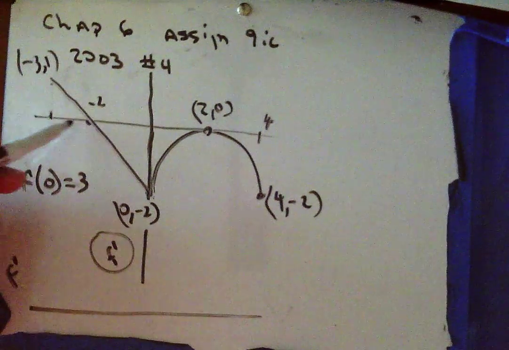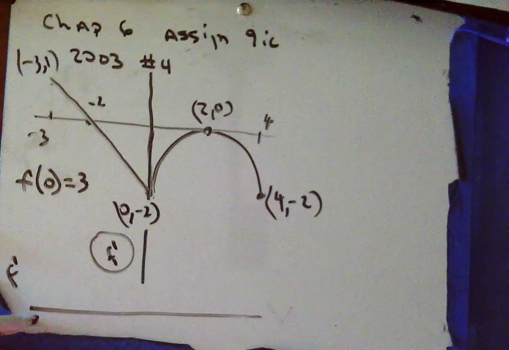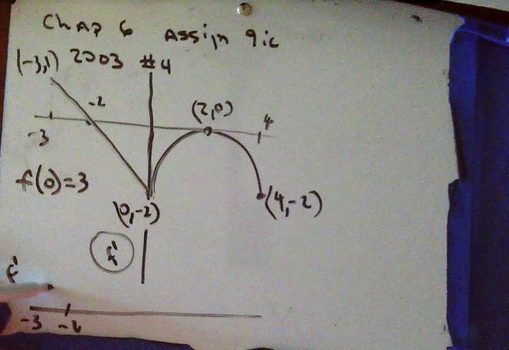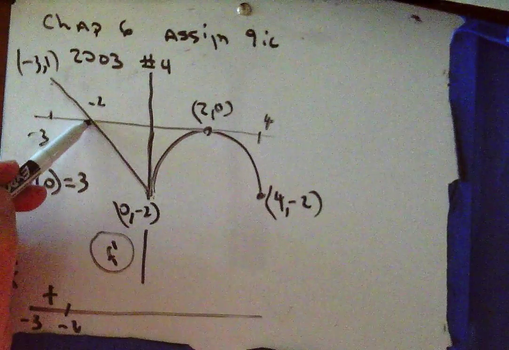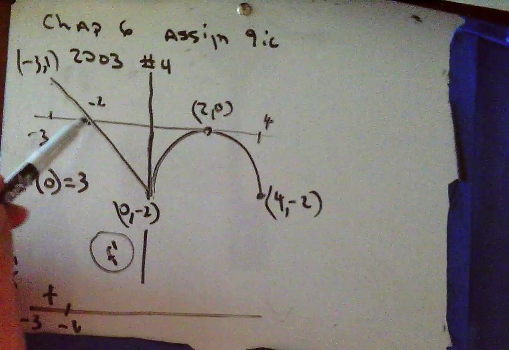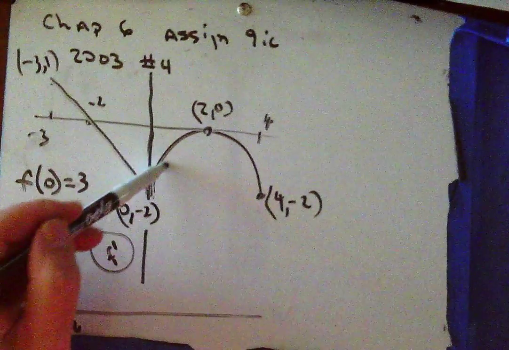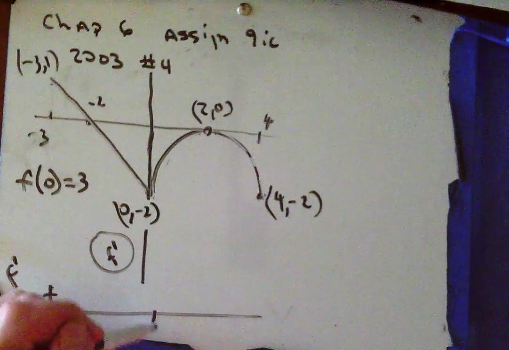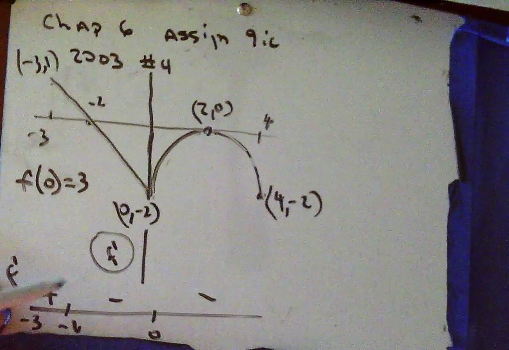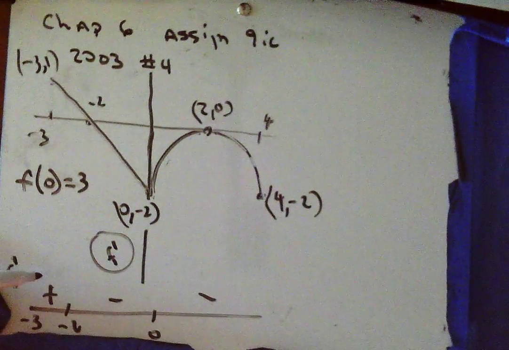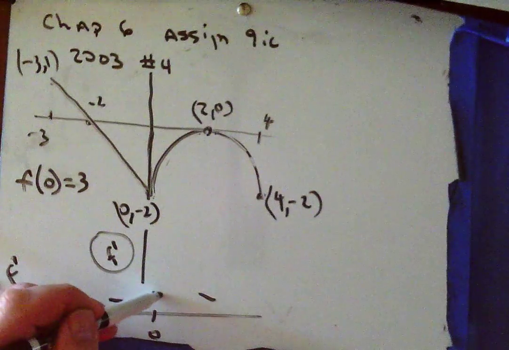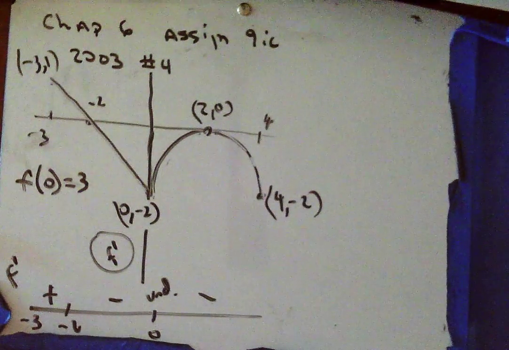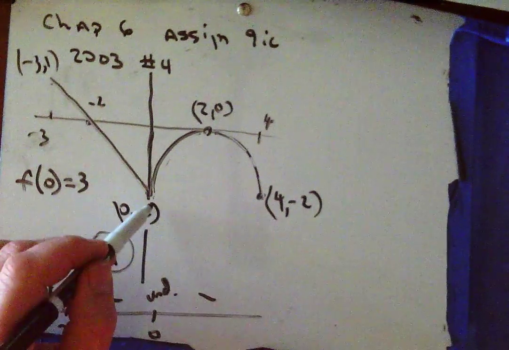F prime is positive from -3 to -2, and has a 0 at -2, and then f prime is negative. So I'm going to put 0 here, negative. And I guess I want undefined.